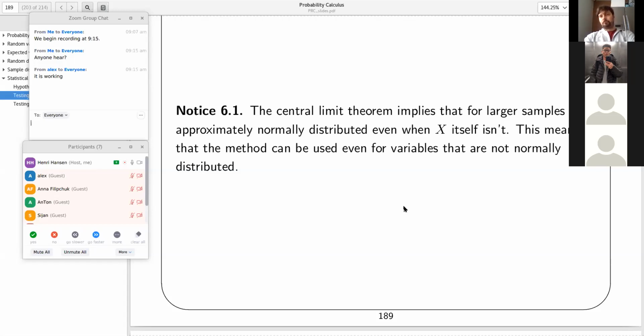If the variable doesn't have an expected value, then this doesn't apply, of course.